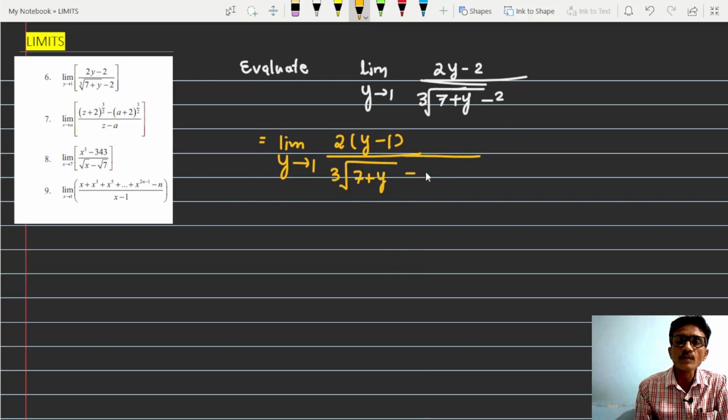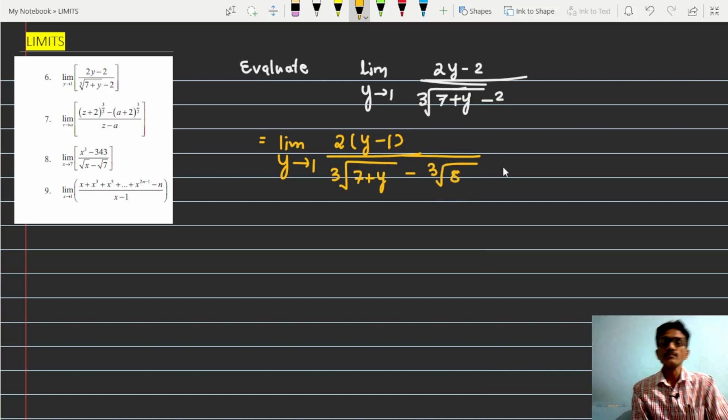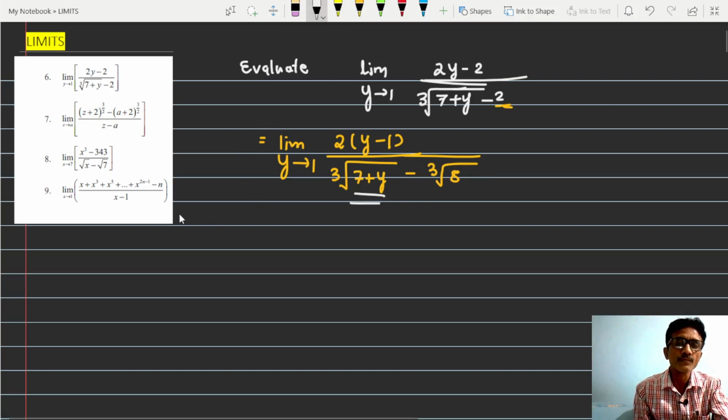This 2 is nothing but cube root of 8. 2 raised to power 3 is 8, so cube root of 8 is 2. Now this 2 you can take outside the limit, and here we substitute 7 plus y equal to x.